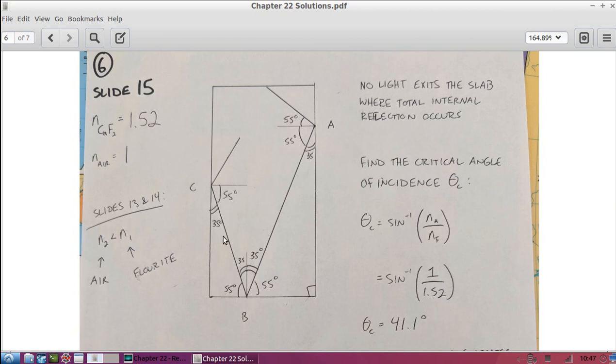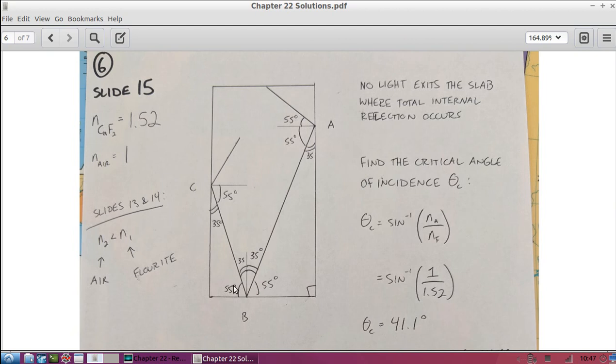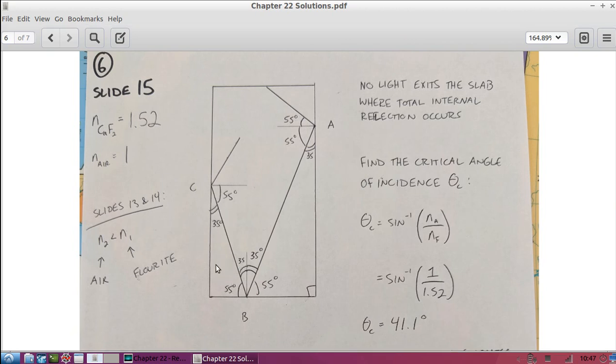Again, I can use alternate interior angles, 35 and 35, or 55 and 55, or I can use this right triangle again to say this is 55, here's 55's complement, here's 35's complement. So I've got an incident angle of 55 at point A, at point C, and an incident angle of 35 at point B.